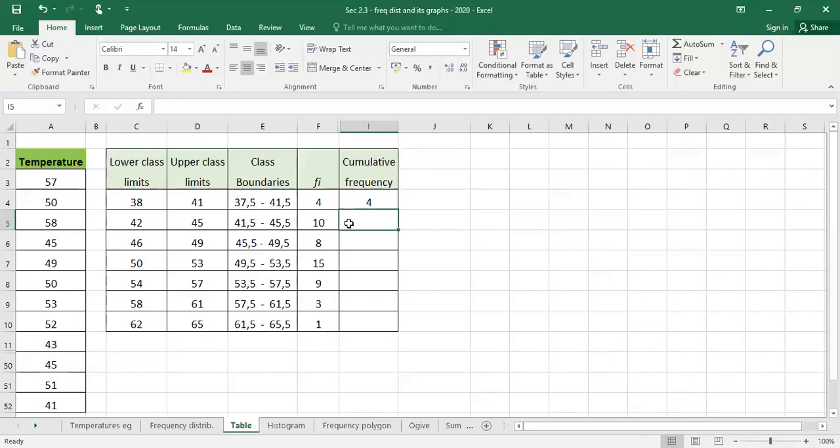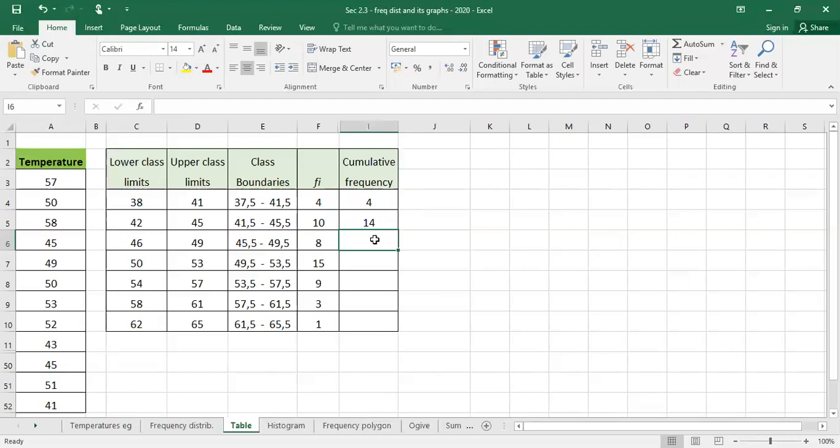So we want in total, how many are smaller than this upper boundary? So we want the value in here to be equal to all 10 that are in that class. Now, instead of using this value directly above here, I'm going to use this one above here, plus how many were before. Enter. Now, we need to show one more step in the pattern for Excel to accept it.